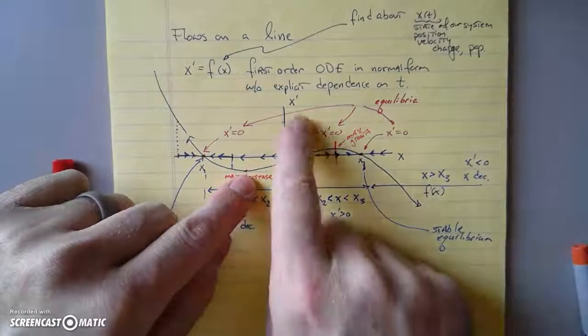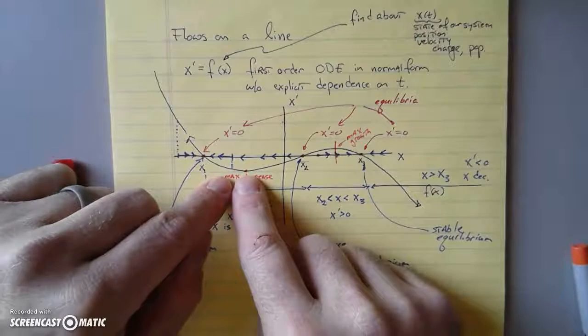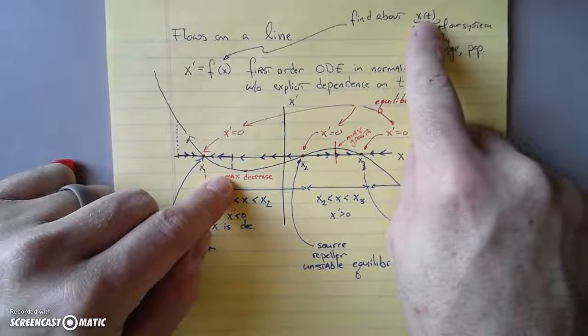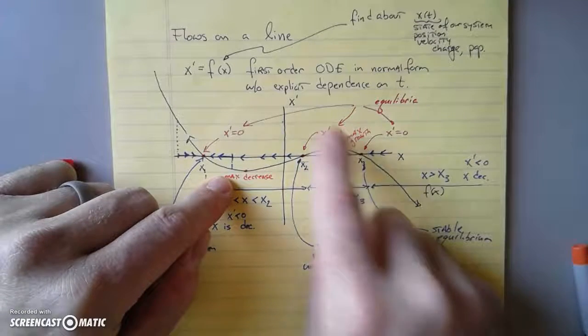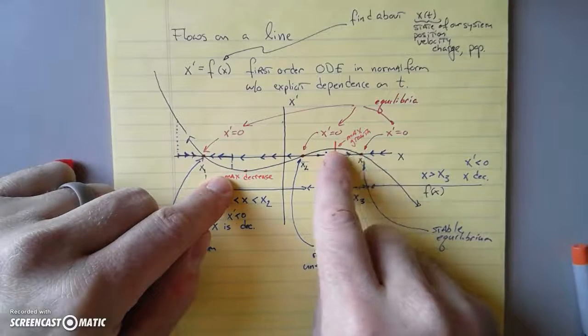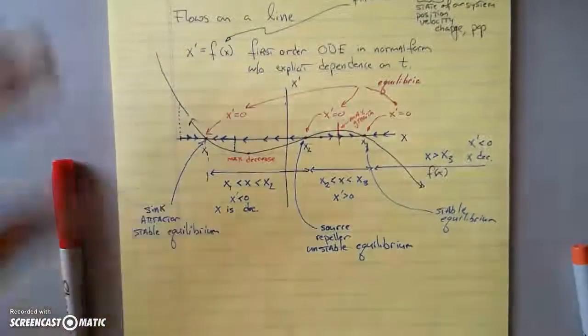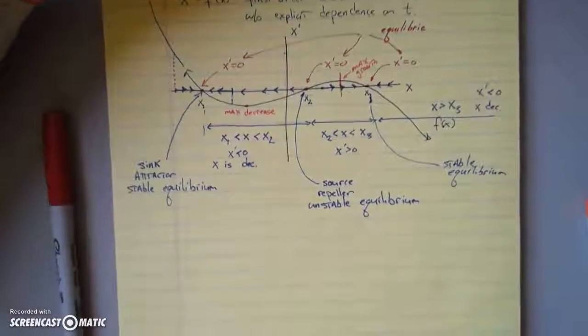So if the first derivative has a minimum, that's an inflection point in the graph of x of t. If the first derivative, x prime, has a maximum, that's also an inflection point for this graph. Let me show you what I mean.